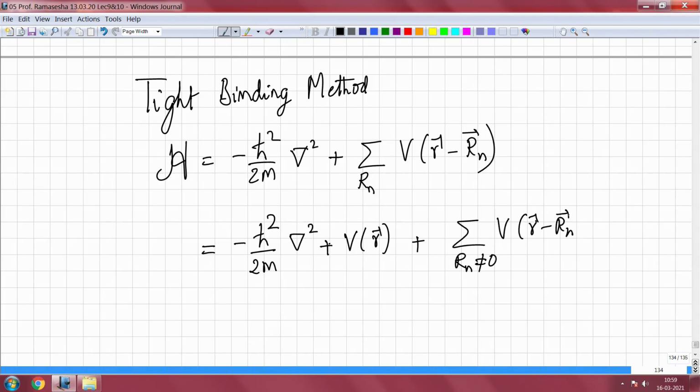So, this is what we will take as the crystal Hamiltonian. I will write it as H naught plus sigma over Rn not equal to 0 V of R minus Rn.